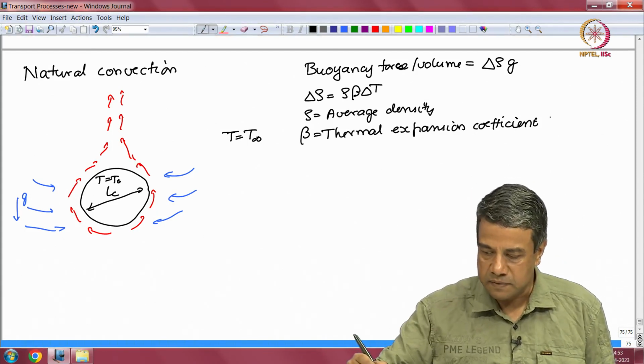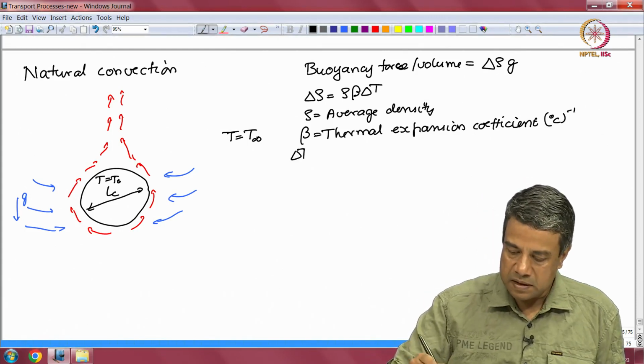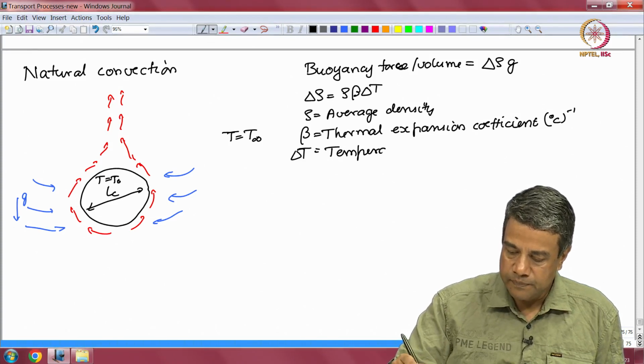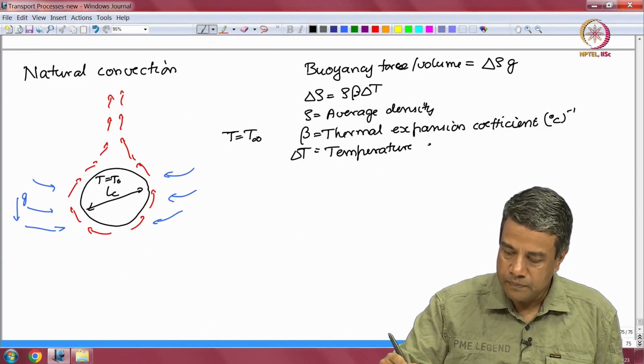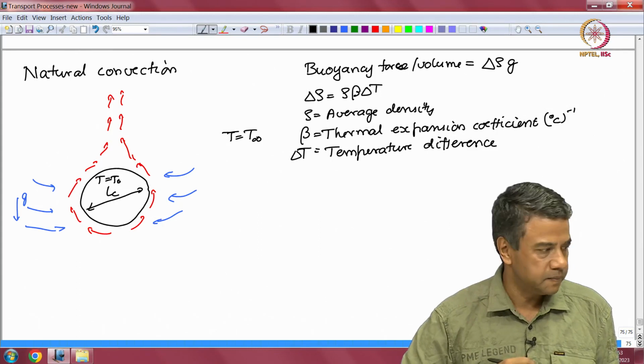This has dimensions of degrees centigrade inverse or Kelvin inverse, and delta T is equal to the temperature difference.